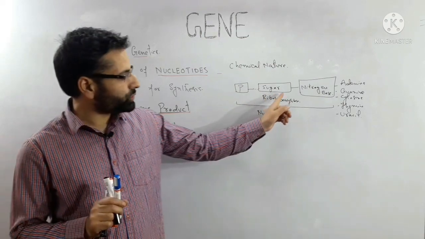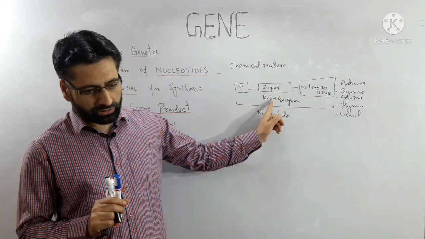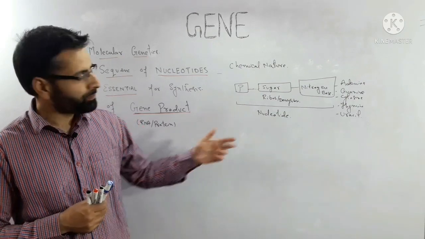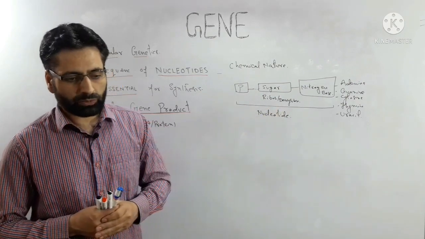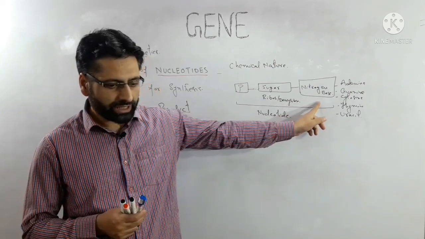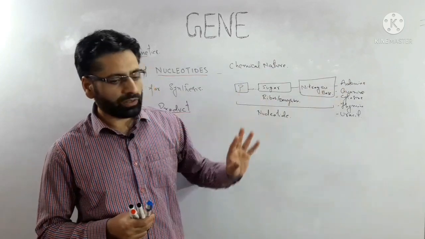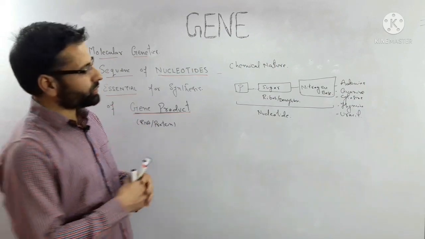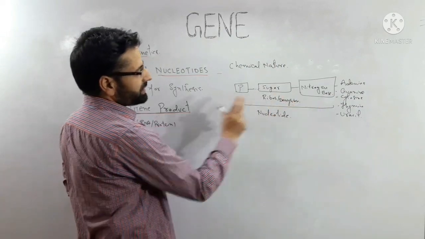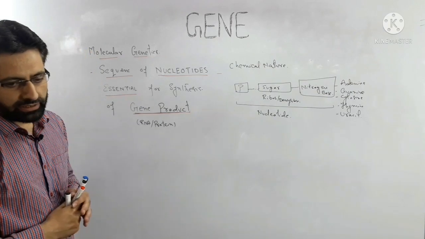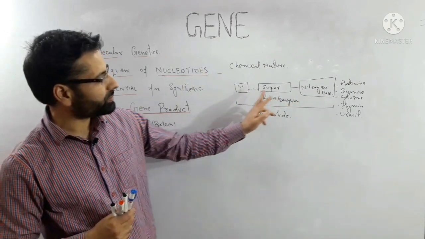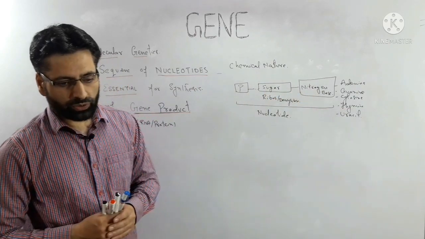As you can see, this sugar can either be ribose, having an OH group at the second carbon of the sugar, or deoxyribose. The nitrogen base can be adenine, guanine, cytosine, thymine, or uracil. So this is the structure of the nucleotide, the molecular constituents being phosphate, sugar, and the nitrogen base.